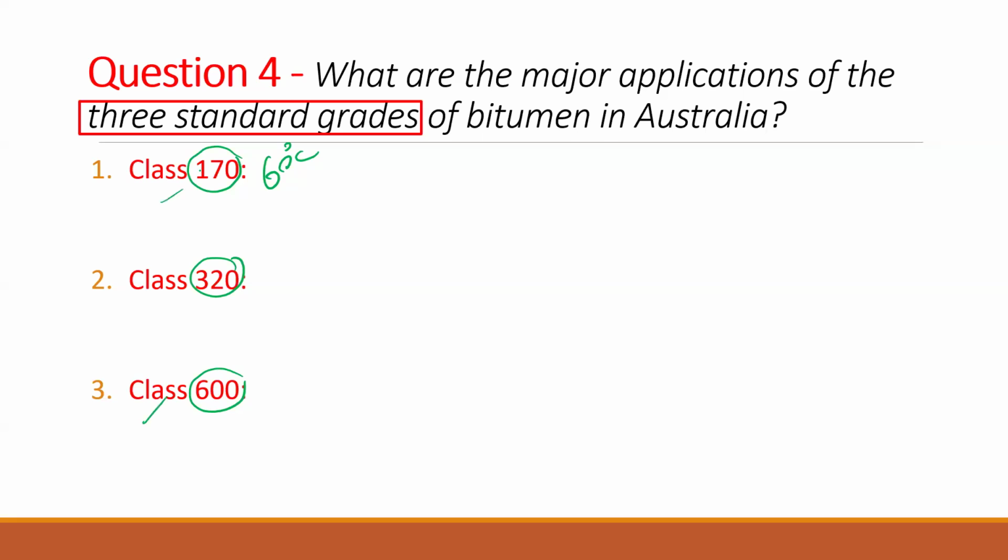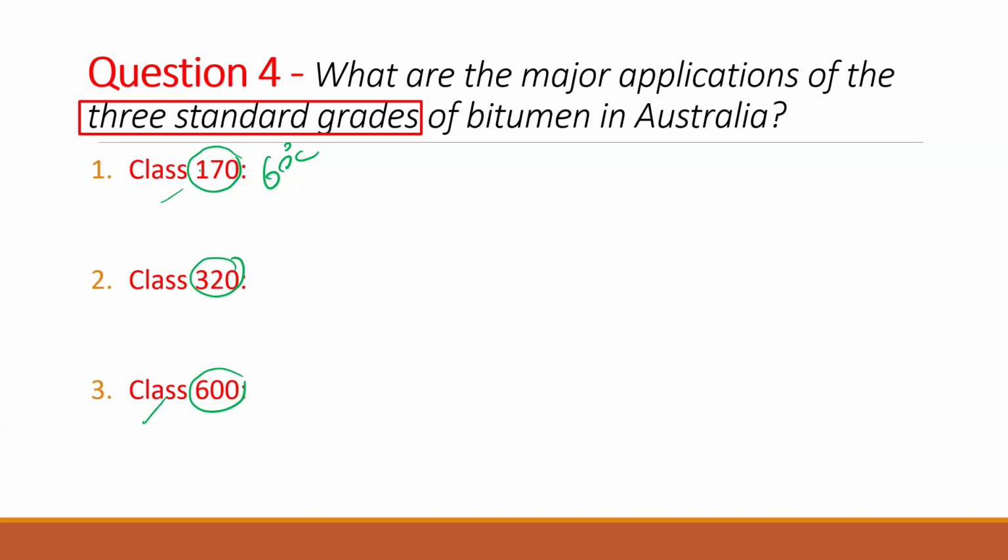For example, if we only have these three types, and I ask you to select the best type among the three for a spray sealant, which one do you recommend? For a spray sealant, at the top of the pavement, you do a spray sealing work. 600.